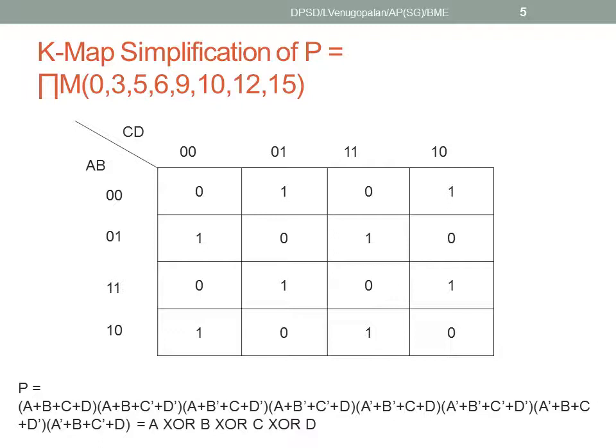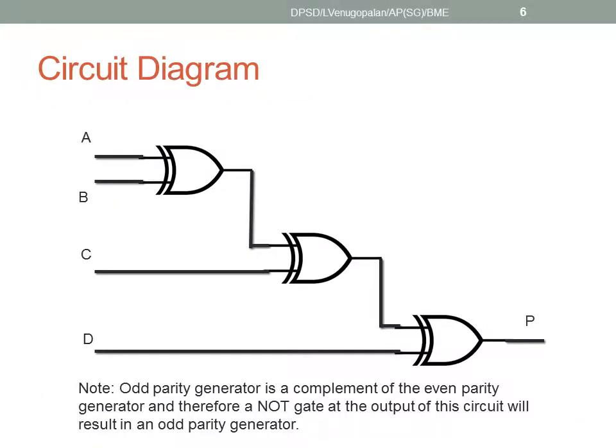If I want to realize this equation in a logic circuit, then I require three exclusive OR gates, because we know that exclusive OR is a two-input logic gate. So per gate, I can only use two inputs. In the first gate, I give A and B as input, and the output is A exclusive OR B, which is fed to the second gate.